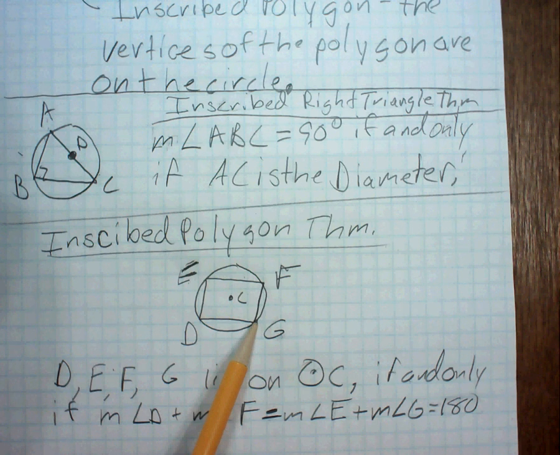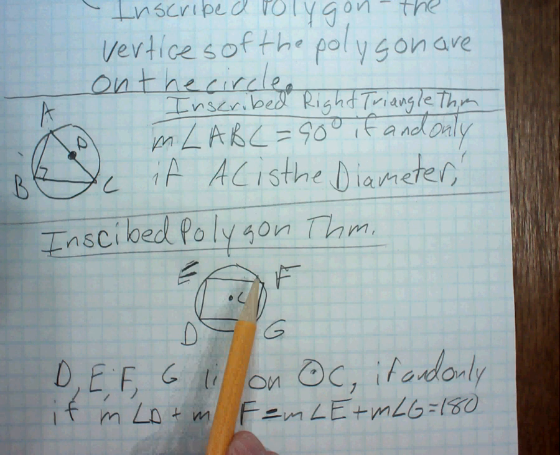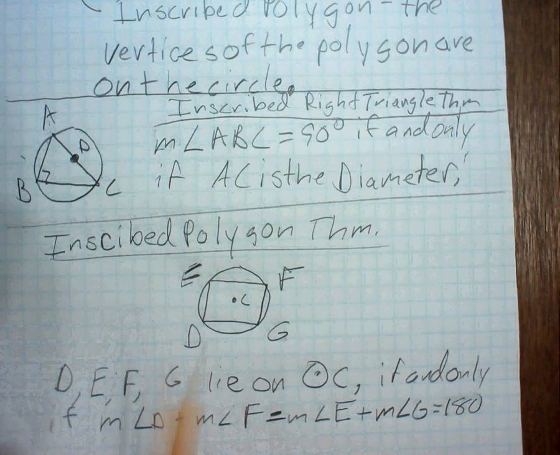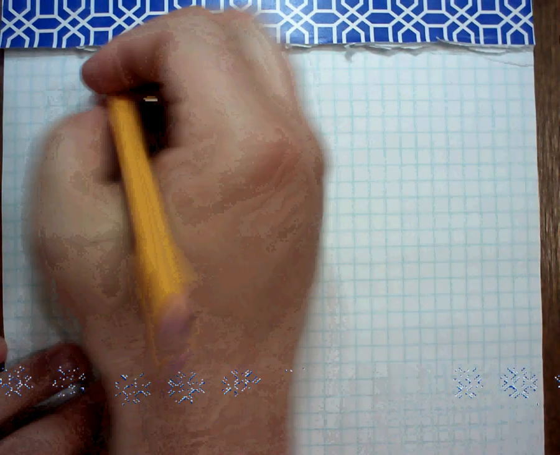And it doesn't matter what they are, but E plus G has to add up to 180. And then D plus F also has to add up to 180. Okay? So I'm sorry, I kind of goofed that one up because I wrote that thing down, but let's try an actual example and maybe it'll help clarify that.